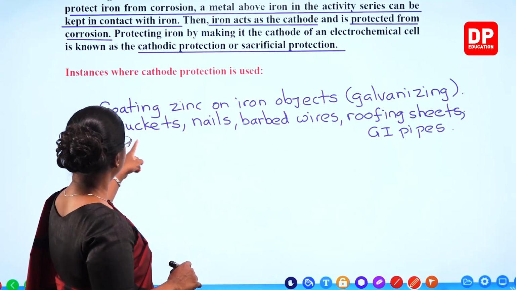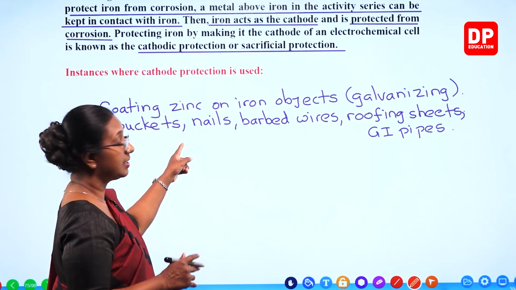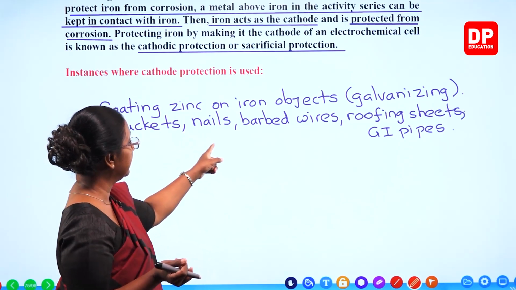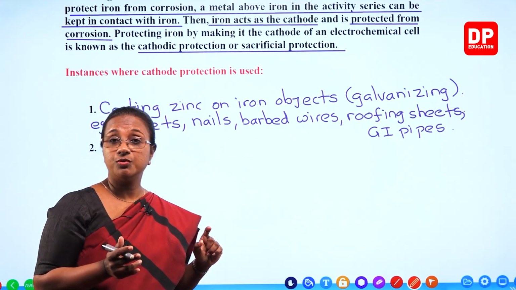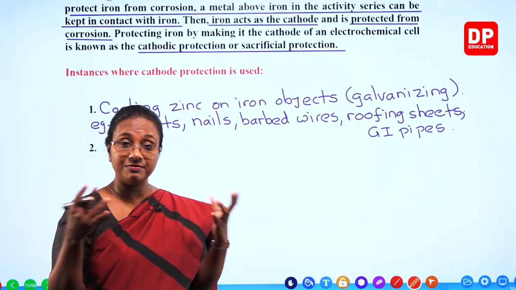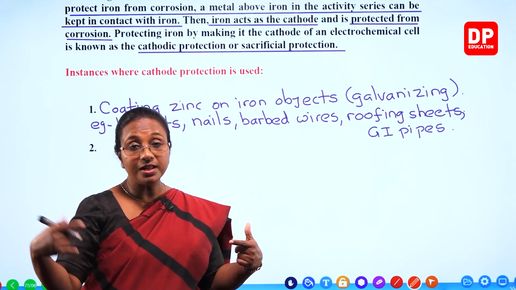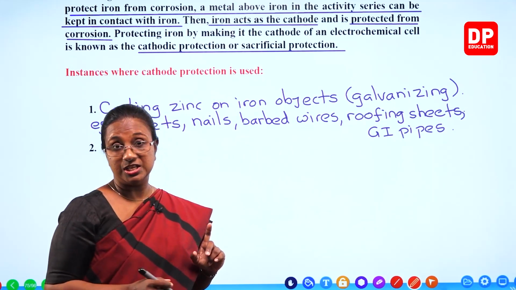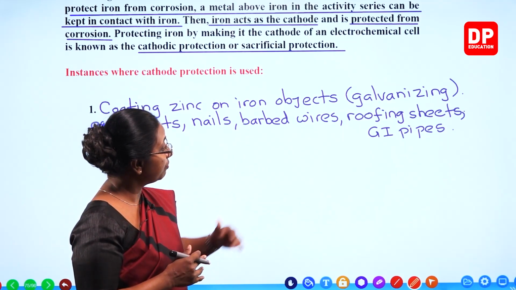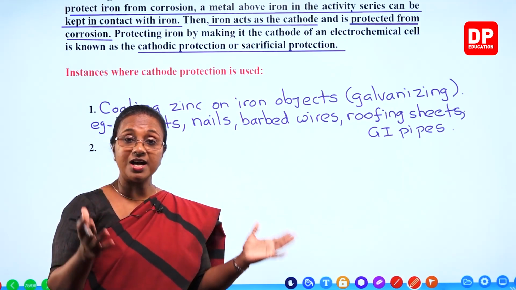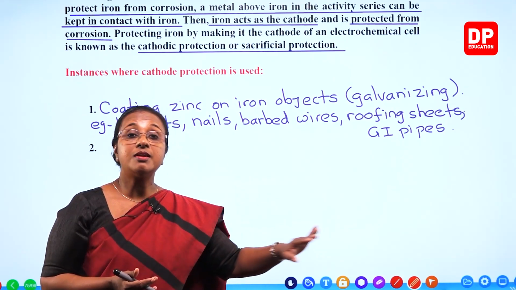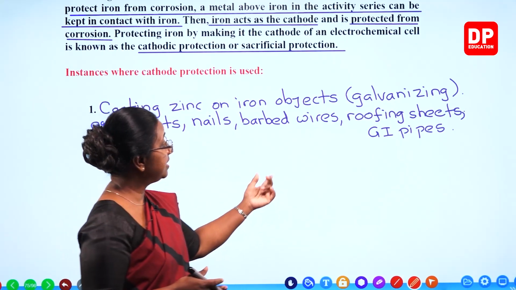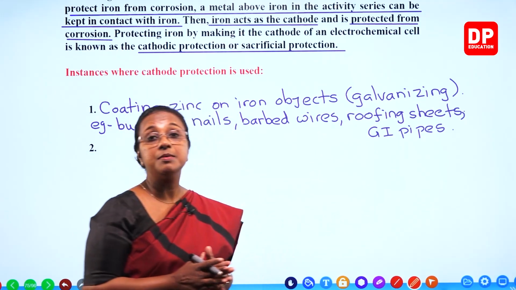Now these are done for buckets, water carrying buckets, then iron nails, barbed wires. You all know what barbed wires are. They are used in fences as rolling wires for protection. Then roofing sheets that are used as roofs, and GI pipes, those large pipes that are used to transport liquids. The GI pipes, galvanized iron pipes.